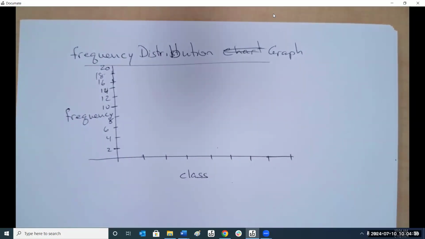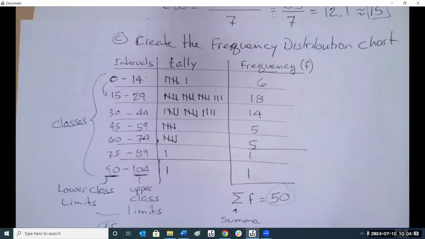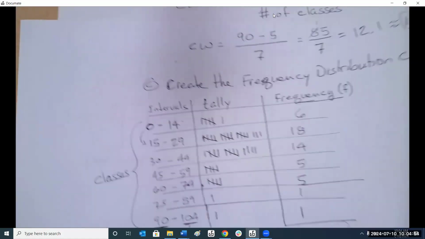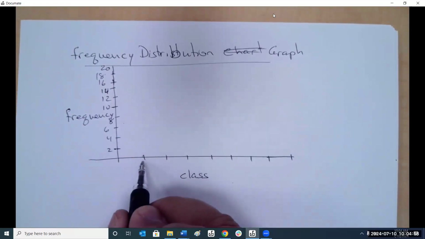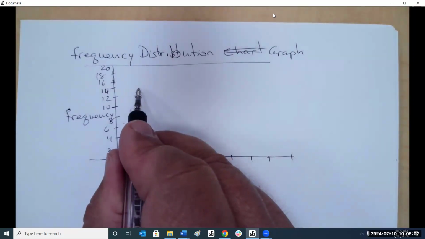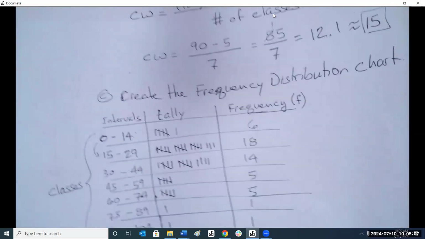What numbers do we use for our classes? Remember, our classes are intervals. I don't want an interval there. I want one number because I've got to take this X value and match it to a Y value. It's a point. So how do I get an X value?